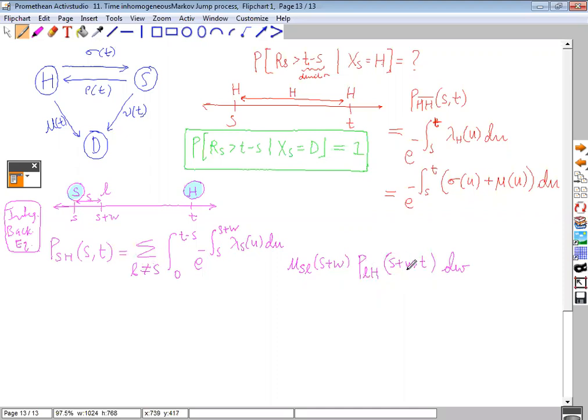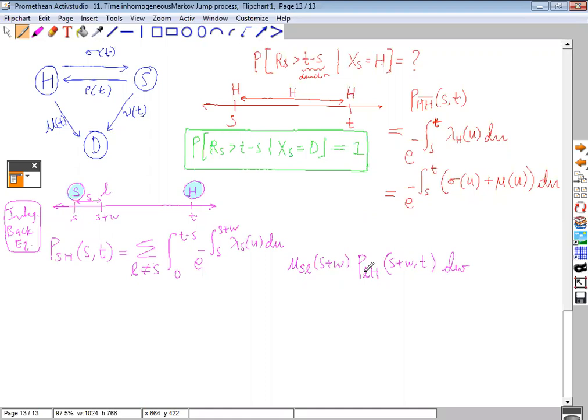Because if this is zero, then there's no point in considering that L. So the only case where this particular probability will be positive is if this L is S, which is if I go from sick to healthy state. For all the other possible values of L, this probability will be zero. Is this statement correct?